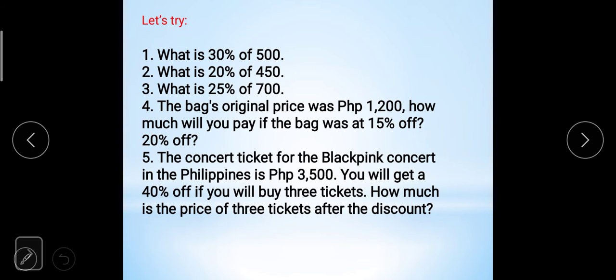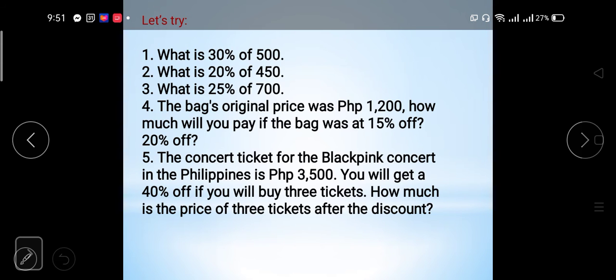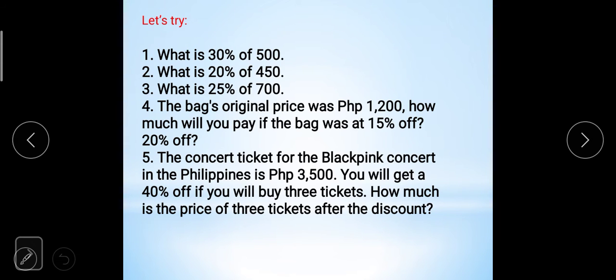Okay, let's try. What is 30% of 500? So, same. What is 30%? Is it the percentage, the rate, or the base? Lara, what is 30% of 500?